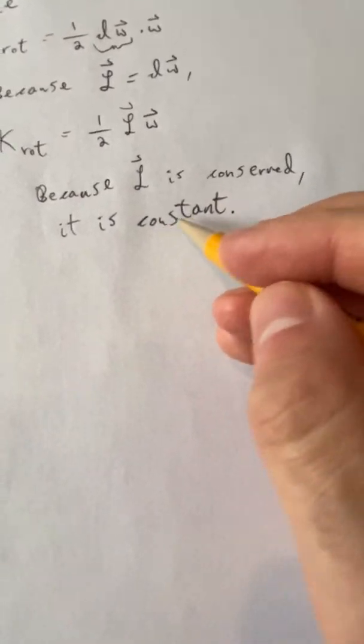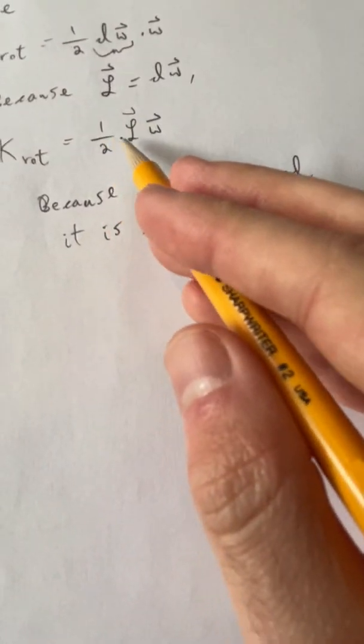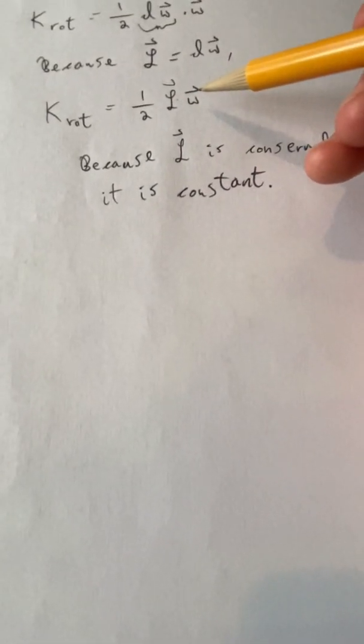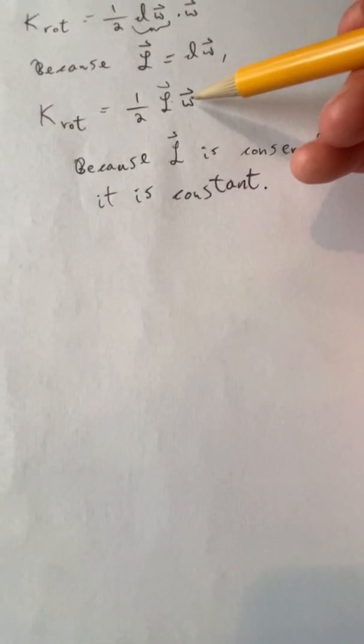constant, okay? So we don't know necessarily what the angular momentum is because we're not specifically told what the mass of the diver is or what the moment of inertia or what the angular speed is at any point. But we do know that it's constant, so it's as much a constant as this 1/2 is a constant. So the only thing in this equation for rotational kinetic energy that changes is omega, okay?